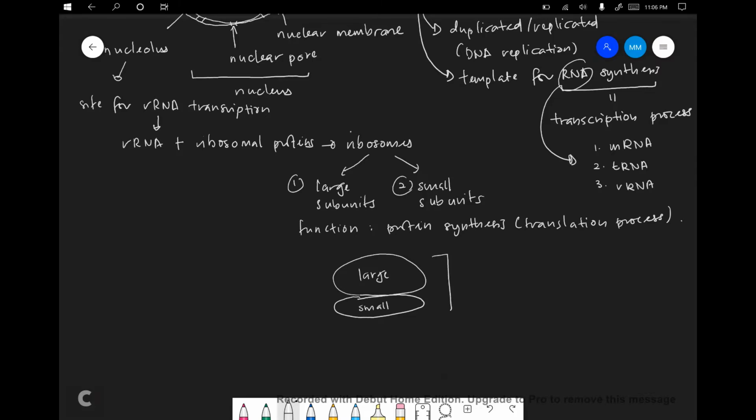Now this will become what we call a functional ribosome, meaning it is ready for translation.